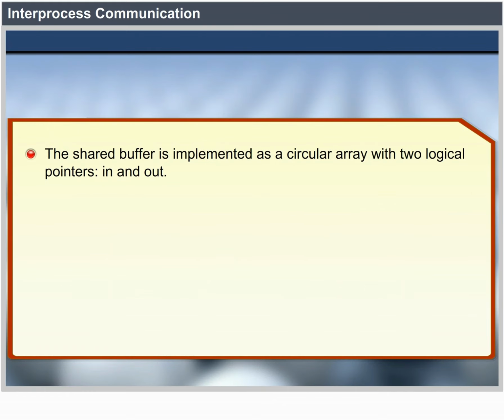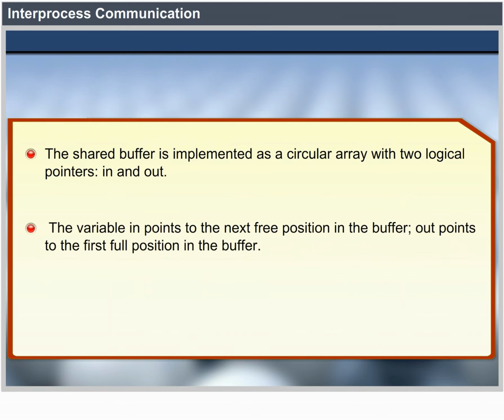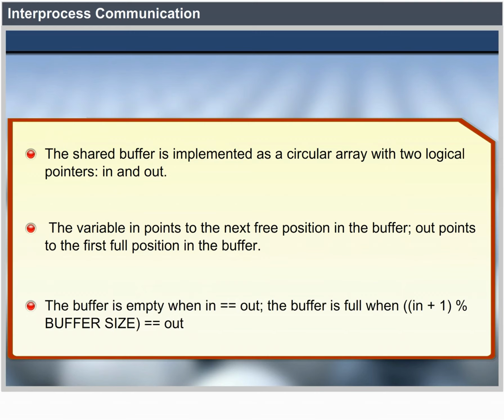The variable in points to the next free position in the buffer. Out points to the first full position in the buffer. The buffer is empty when in == out. The buffer is full when ((in + 1) % BUFFER_SIZE) == out.